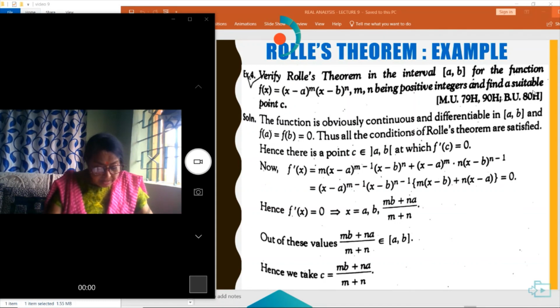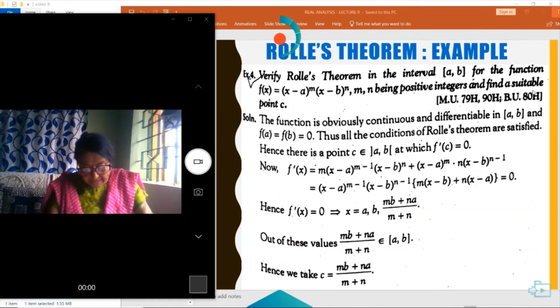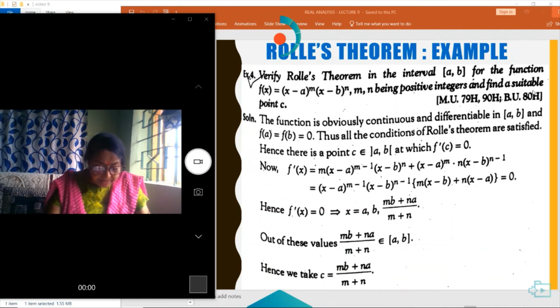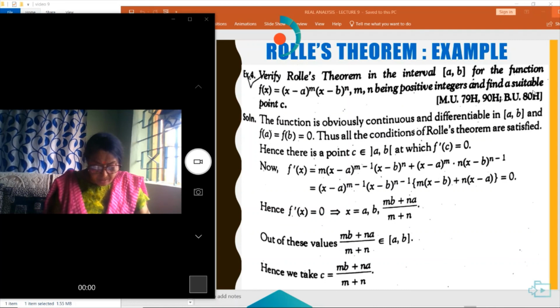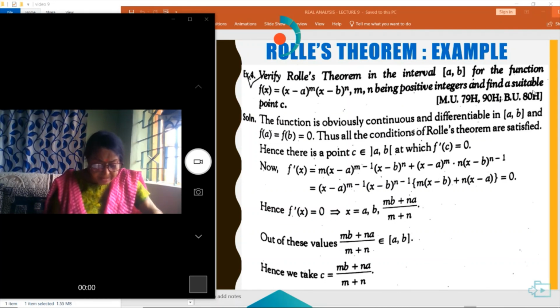Hence, all the conditions of Rolle's theorem are satisfied, and then finding f'(x) and equating it to 0, we get the values of x. Out of these values, we take c is equal to (mb plus na) by (m plus n), which lies between a and b.